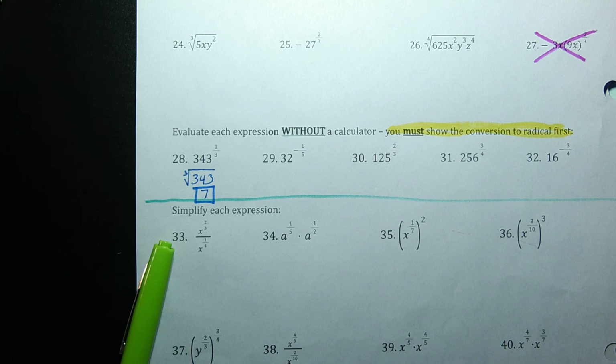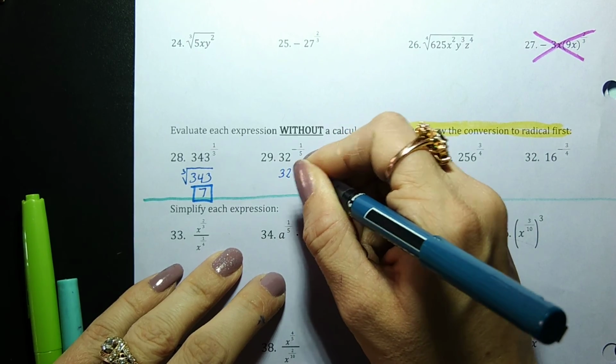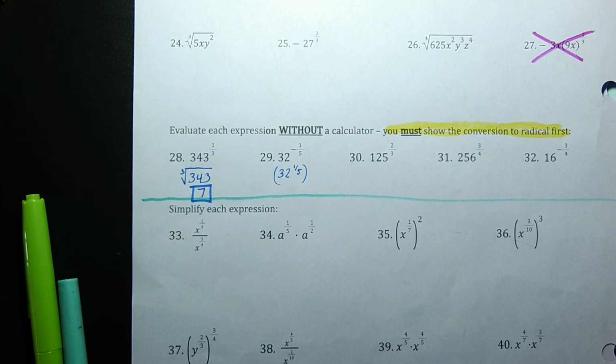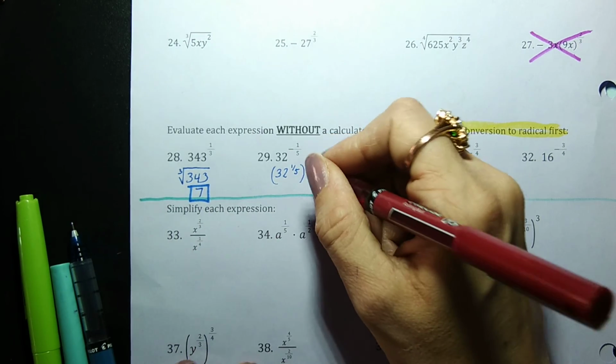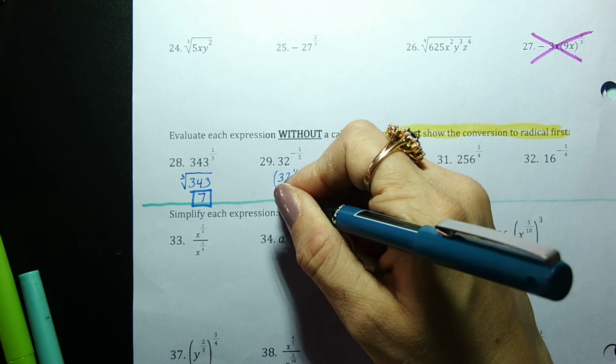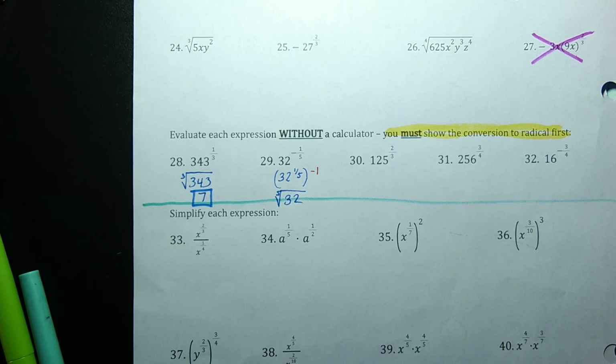Now, what about number 29? What is our root power? The 1/5 power. And then the other power that we are breaking it into is the -1. So 32 to the 1/5 is the same as taking the 5th root of 32.